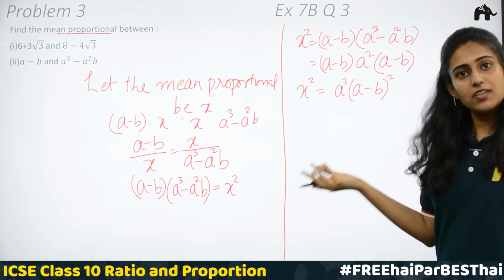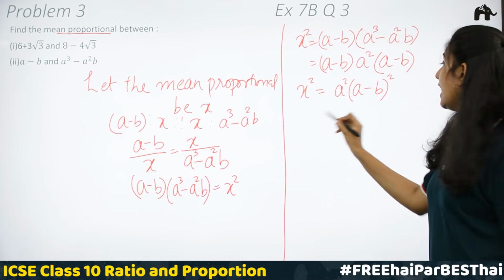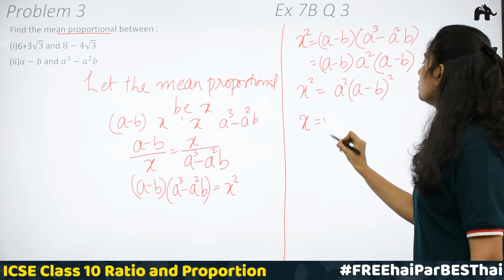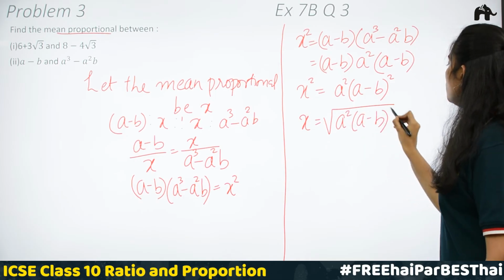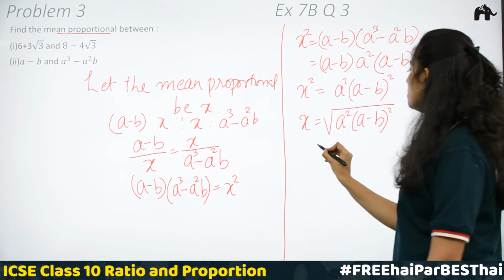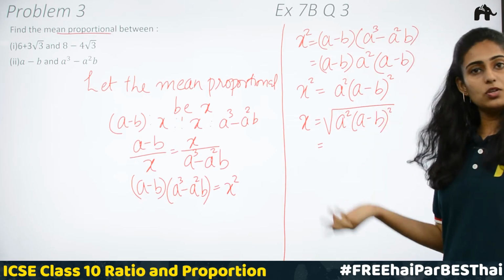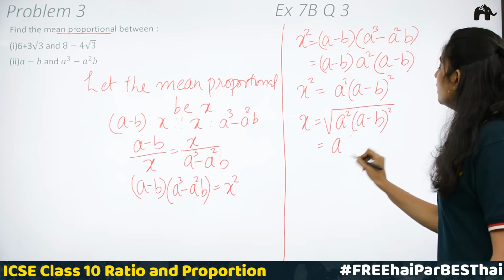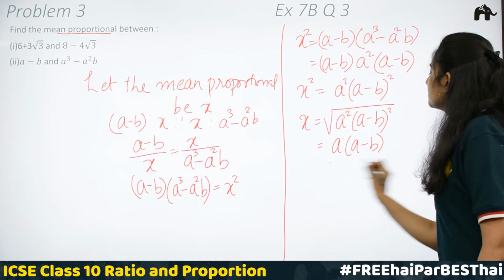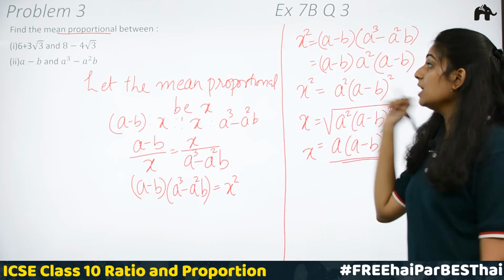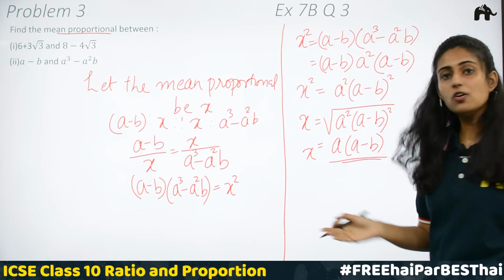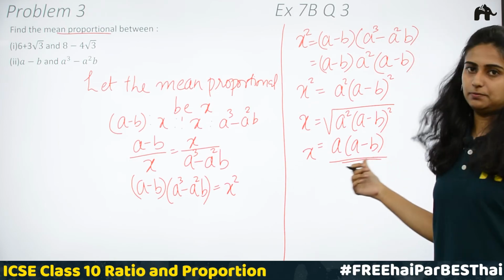Now to find x, we just need to take the square root. x is equal to root of a square into a minus b whole square, which is equal to, square and root can be removed, that is a into a minus b. Okay, x is equal to a into a minus b. That is, mean proportional is equal to a into a minus b.